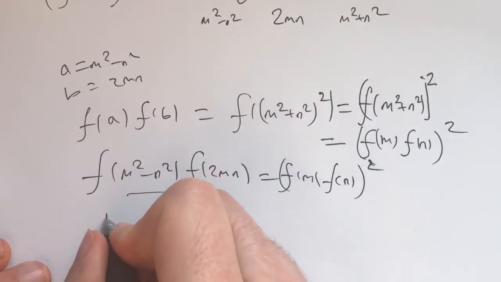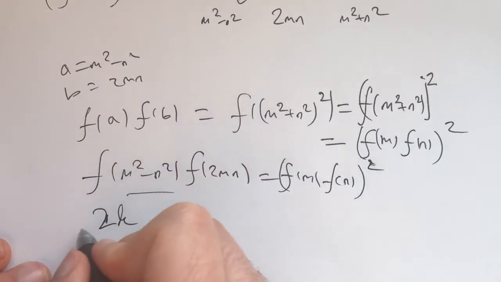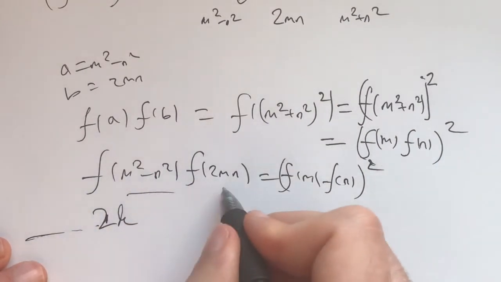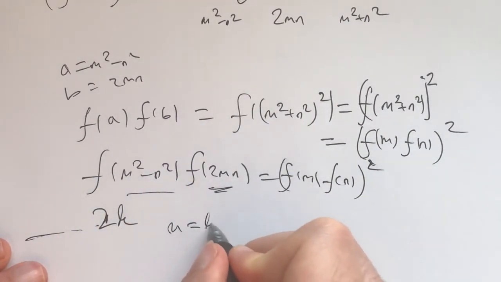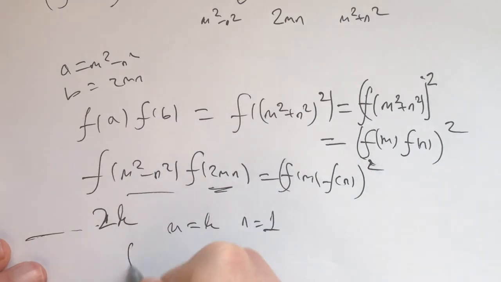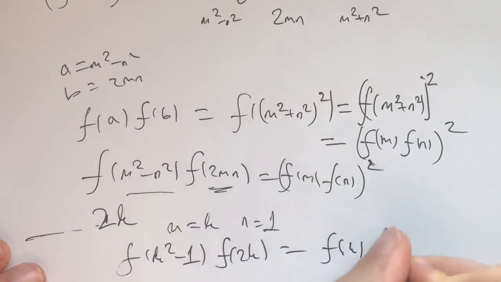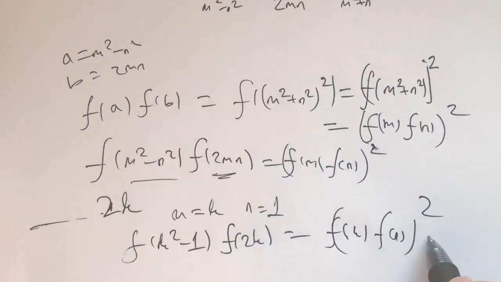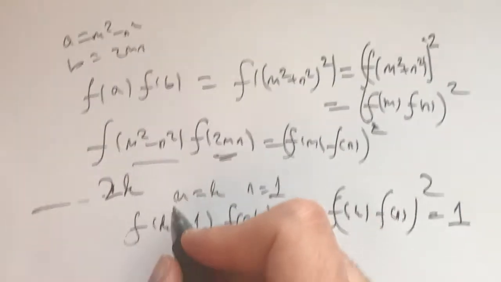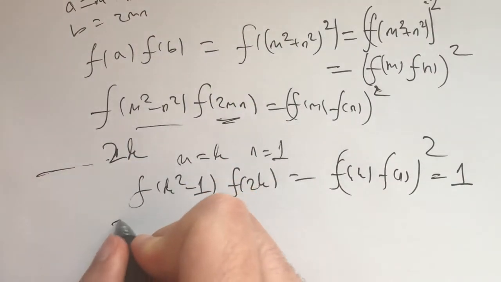We just say if the number we need is 2k, we just set m equal to k, n equal to 1, and we get f(k^2-1, 2k) is f(k)f(1). And by the inductive hypothesis, this thing right here is going to be equal to 1. And if you want, you can also do the odds case from here.